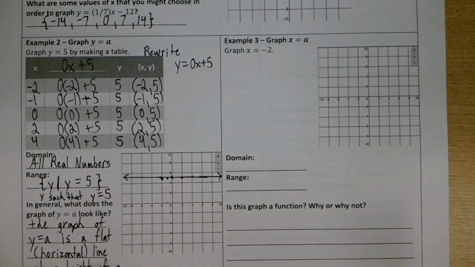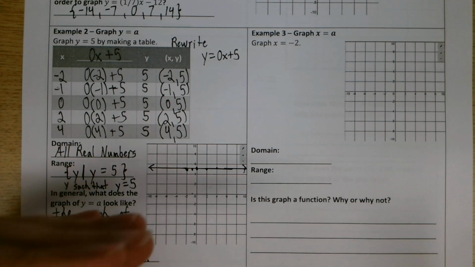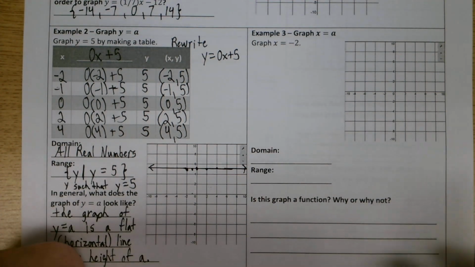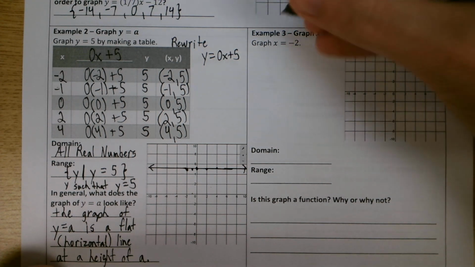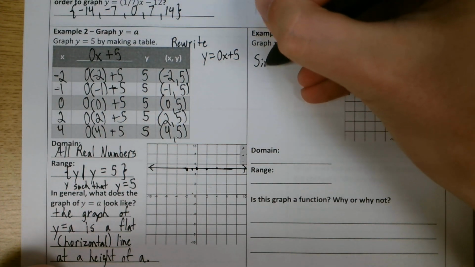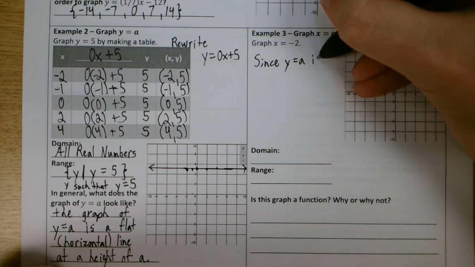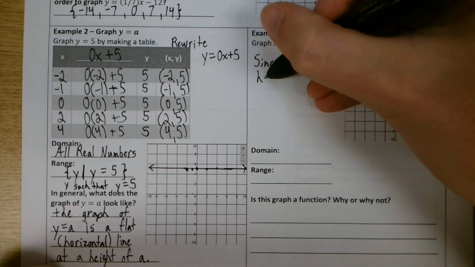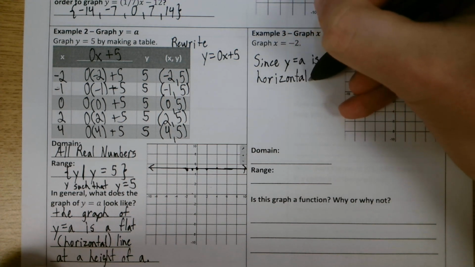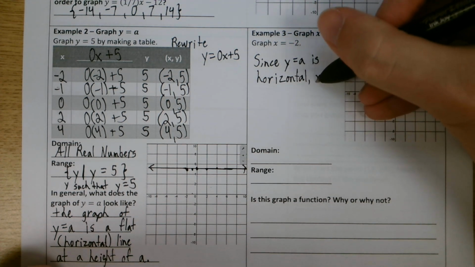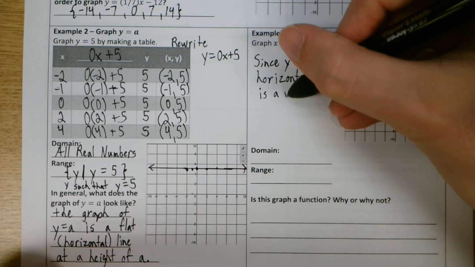Last thing here, we just saw that y equals a was a flat line. You probably have a sense of what x equals negative 2 is going to look like. Since y equals a is horizontal, x equals a is a vertical line.